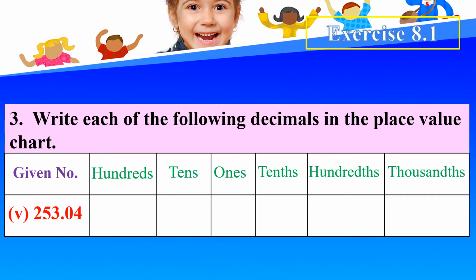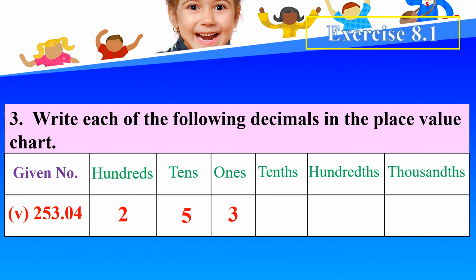The question is, fifth subdivision, 253.04. The part before the decimal point is called the whole part. Whole part always starts with ones. So, under ones we will have 3. Under tens we will have 5. Under hundreds we will have 2.